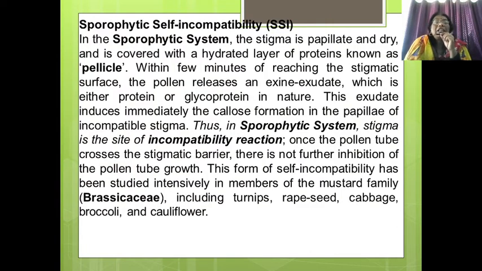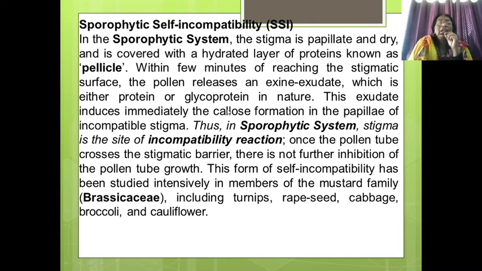In sporophytic self-incompatibility, the stigma is papillate, that is nothing but a hairy one, and it is a dry one, covered by a hydrated layer of proteins, and this protein layer is known as the pellicle. Within a few minutes of reaching the stigmatic surface, the pollen releases an exine exudate, which is proteinaceous and made up of glycoprotein.